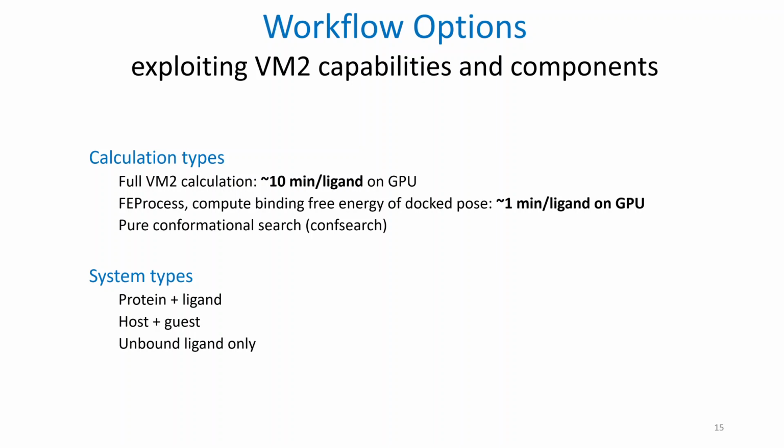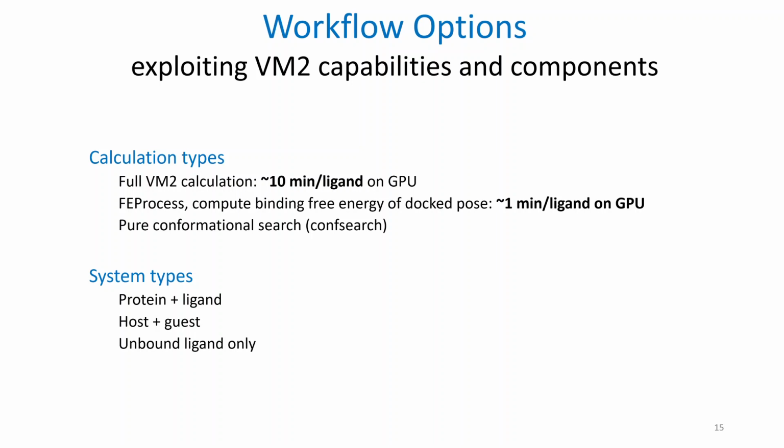But there are other scenarios which we think can also be really interesting and very efficient. One of them is to take a single pose, which may come from docking or from modeling on a graphical system like MOE, and just do what we call a free energy process or FE process on that single pose. So that can be fired off to VM2.